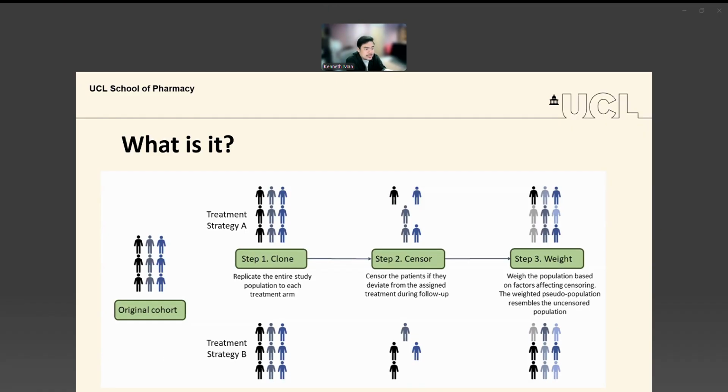In one copy, every single person is assigned to treatment strategy A, and in the other copy, I assign everybody to treatment strategy B. That's the cloning. Then we move on to censoring. We censor those who did not adhere to the treatment allocation throughout the follow-up time. After that, we build the censoring weight to upweight those who were still in it.